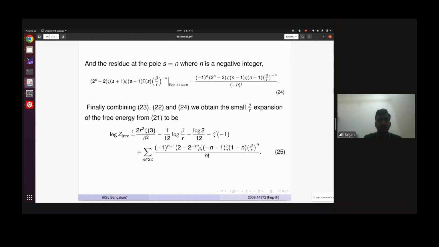We finally combine the effects of all these residues to obtain this log Z free as a high temperature expansion. So this exactly reproduces the high temperature expansion. This is the scenario in the free theory, the Gaussian fixed point. You can start from the low temperature expansion and directly land in the high temperature expansion by a resummation of the series.